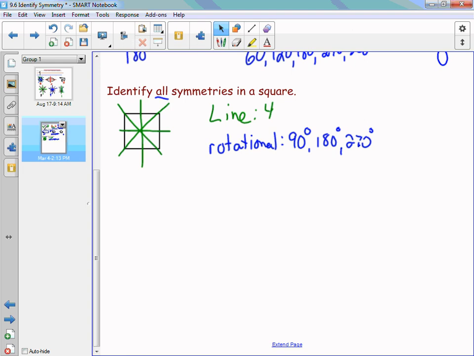As we see, there are 4 lines. You can go through the midpoints of opposite sides, as well as through the diagonals. So that creates 4 lines of symmetry. Also, you have rotational symmetry. It's a regular figure. 360 divided by 4 would be 90. So 90, 180, and 270.